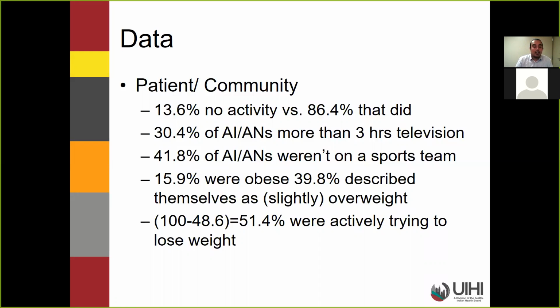So we can come in and say that 13.6% did not have at least 60 minutes of activity over the last 7 days. Or conversely, we can also say that 86.4% did endorse having exercised at least 60 minutes a day in the last 7 days. So being able to kind of really highlight this positive number and try to use it as a way to springboard people into making positive changes.